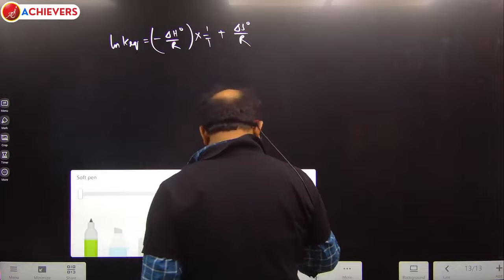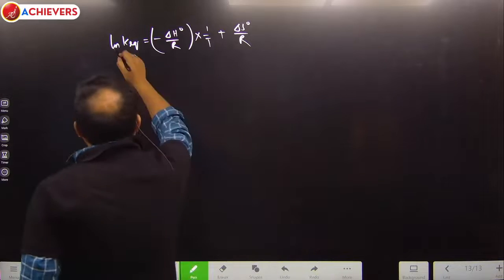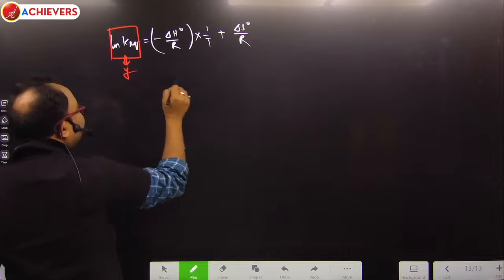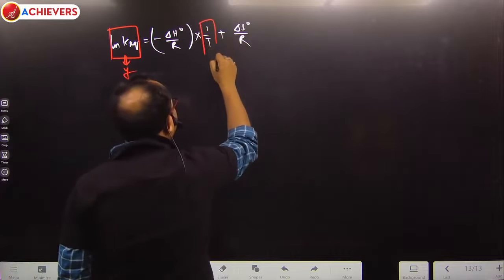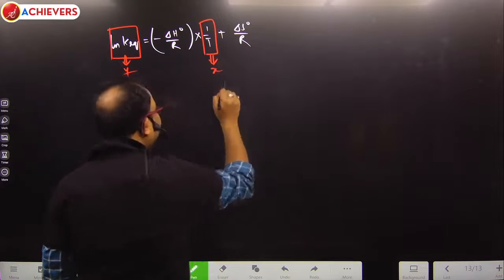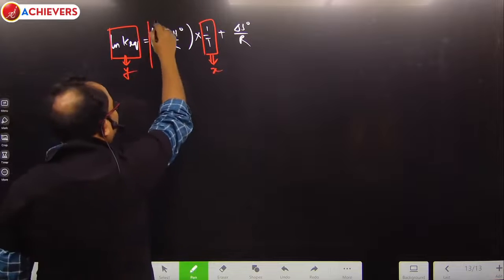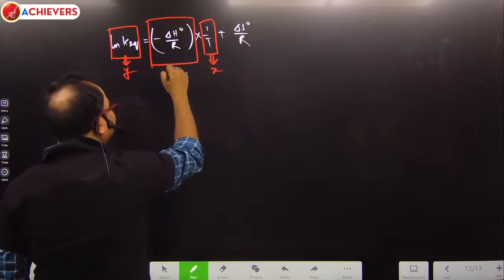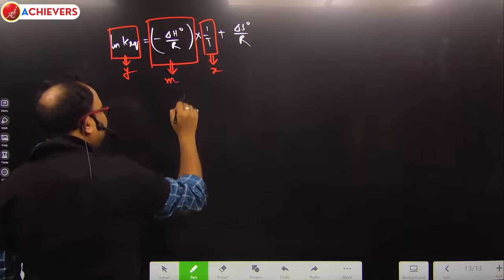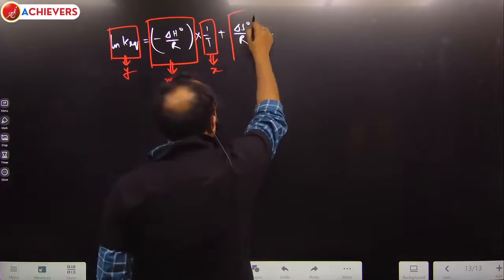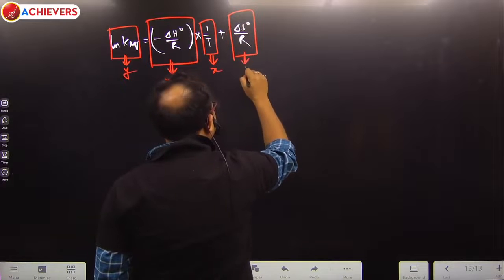Now, if we plot ln Kq along y-axis and 1 by T along x-axis, then minus delta H naught by R must be the slope m, and delta S naught by R must be the intercept C.